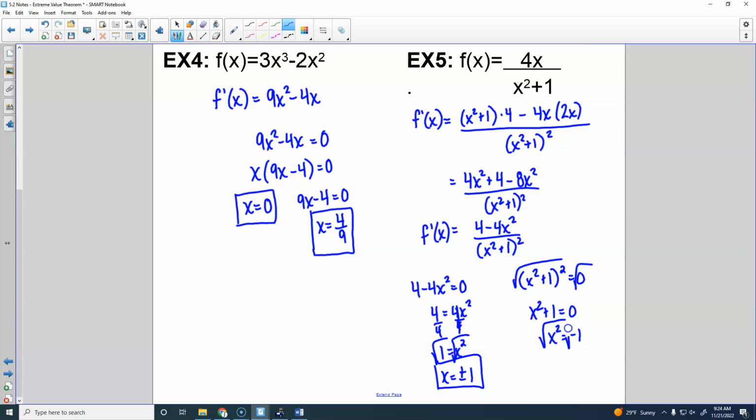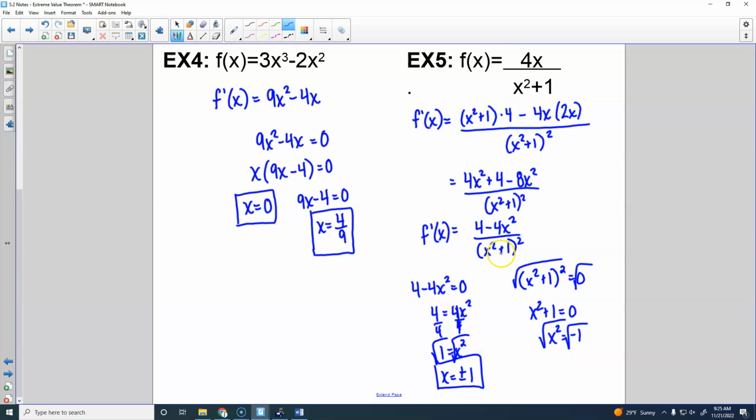Then you would try to take the square root, but what happens whenever you try to take the square root? You get an imaginary number, which means that no real number is going to give you a 0 in that denominator. If you think about it, you got x squared, so no matter what number we plug in, we're squaring it, right? So that's going to be a positive number. Even if it's negative or if it's a fraction, it doesn't matter.